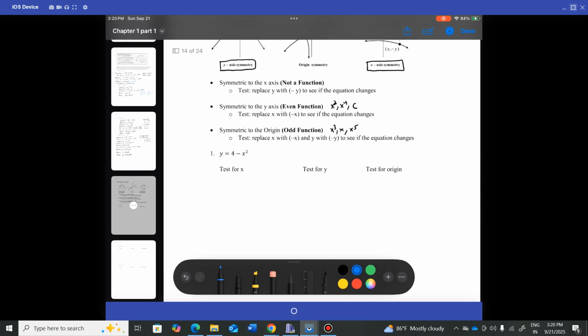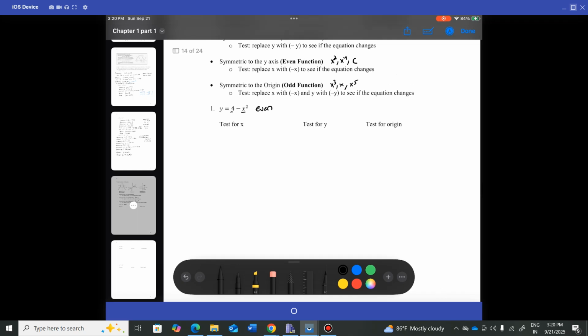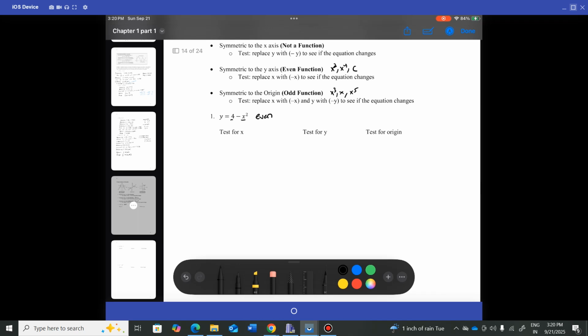Alright, so we'll do these tests. Now notice this one's a constant and an x squared. So this is an even function. It should be symmetrical only to the y-axis, but we're going to go through all three of these. For the first one, we just replace y with negative y, and so we end up with negative y plus x squared.